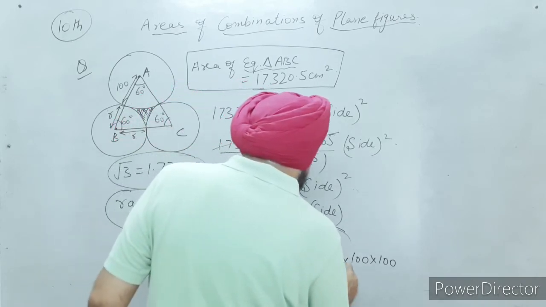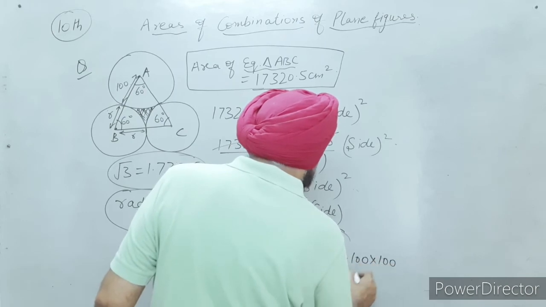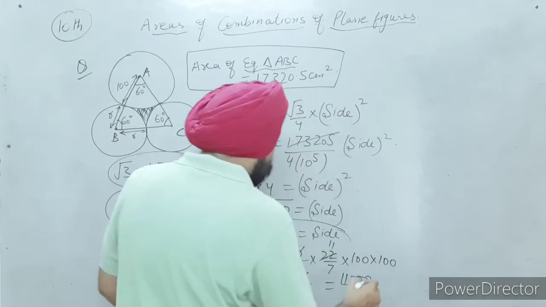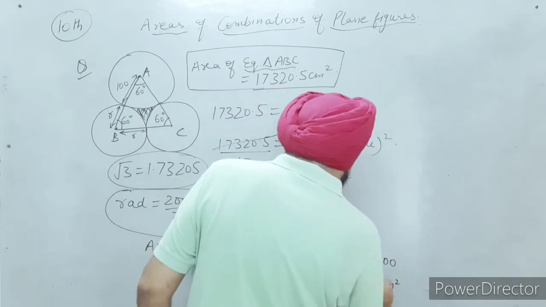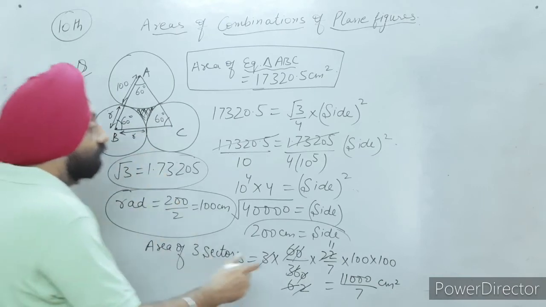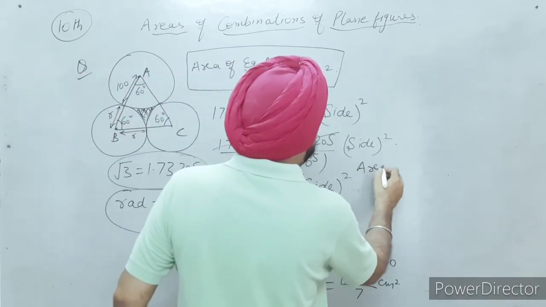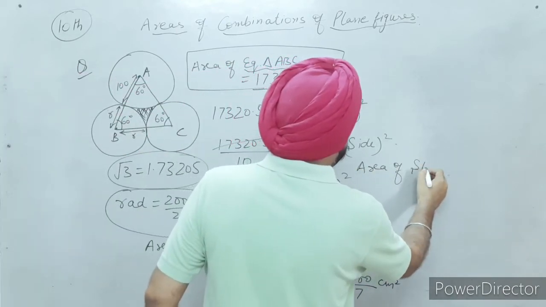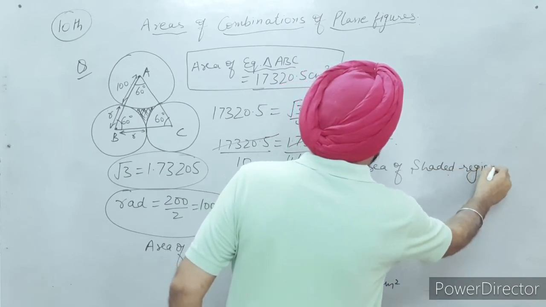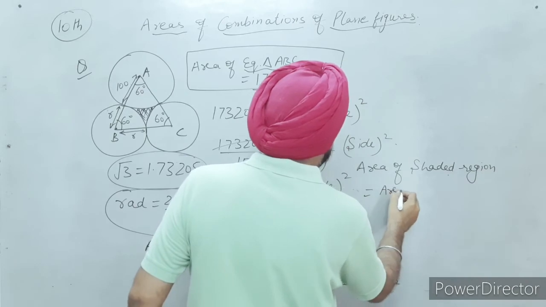So I get 11 with 4 zeros divided by 7 centimeter square is the area of the three sectors.